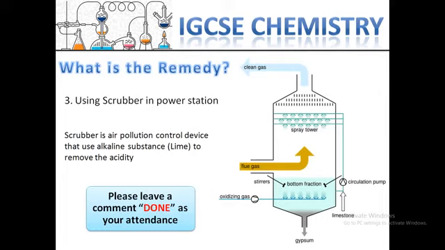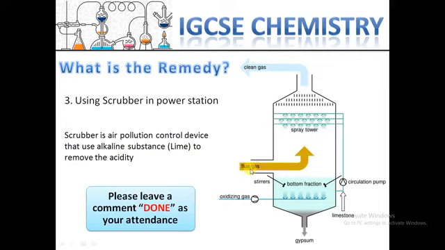Many factories such as power stations, which are responsible for producing electricity, have waste gas. They have gases from the burning fuel. So this gas goes to the scrubber, this one, before releasing.